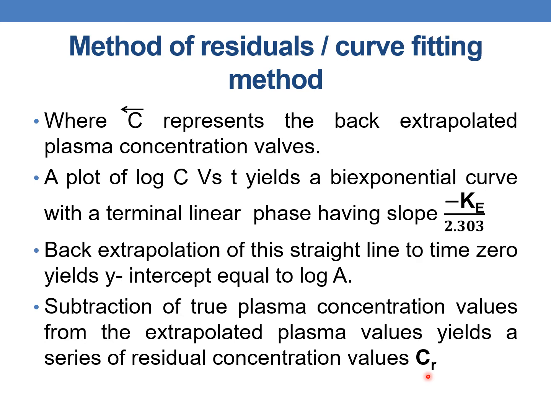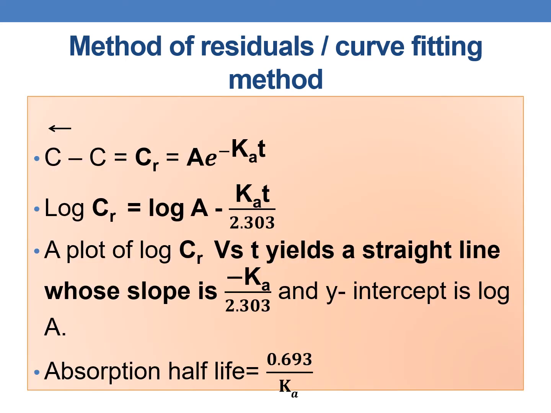So C back extrapolated minus C equals CR, that is equal to A into e to the power of minus Ka t.